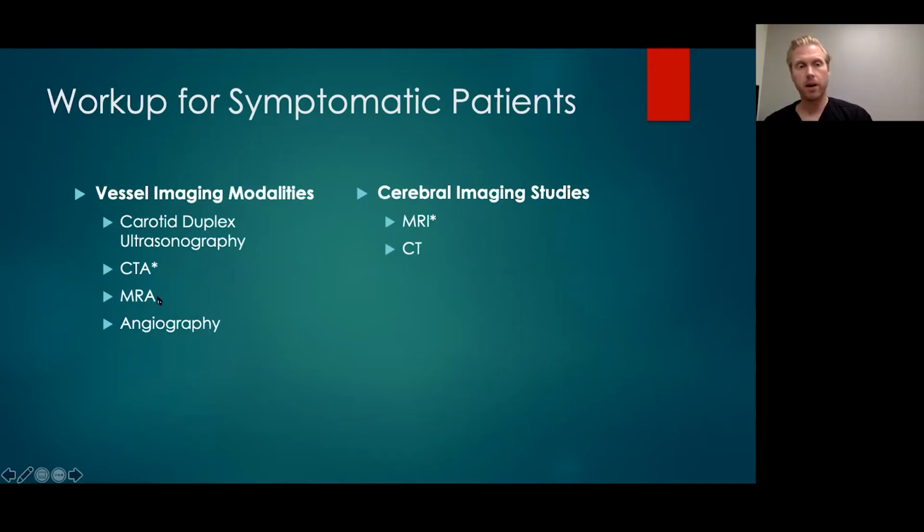CTA and particularly MRA have some advanced capabilities that are becoming closer and closer to being standard in many centers, that may help us understand inflammation, the carotid core, and clot in the center of the plaque without angiography. But right now, angiography is still the gold standard for degree of stenosis. And then of course, if you want to look for strokes in the brain as a result of stroke-like symptoms in the presence of carotid stenosis, MRI is the gold standard, and CT is also an option if the patient can't get an MRI.